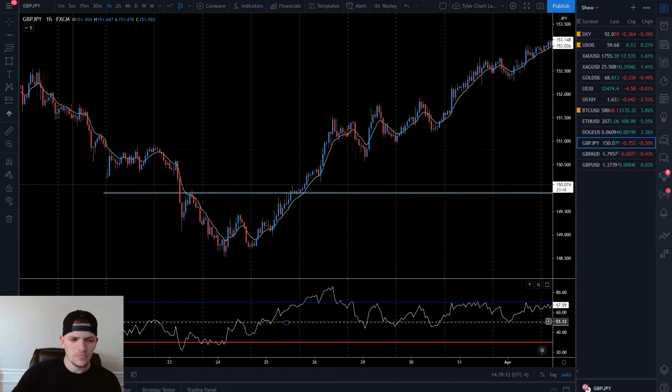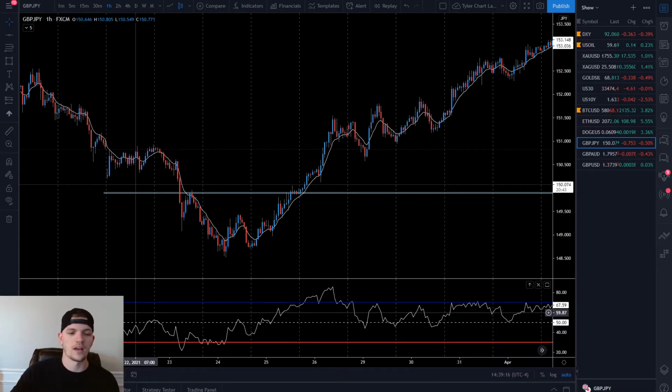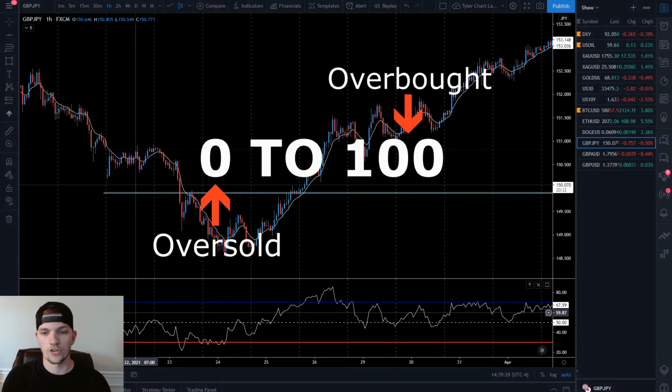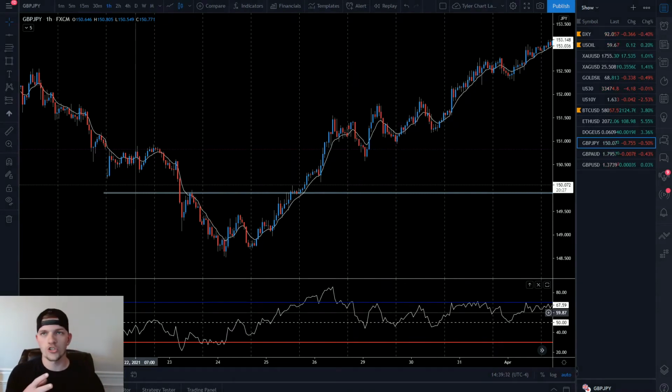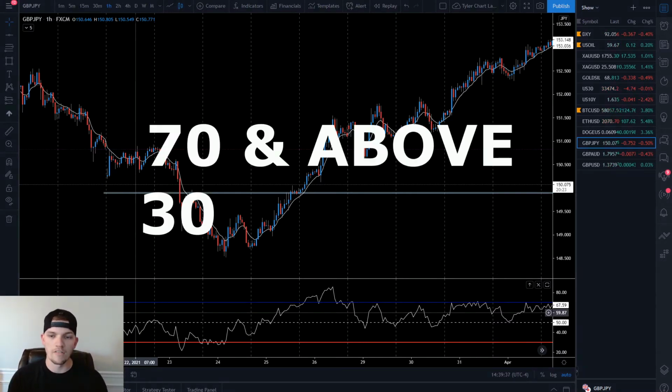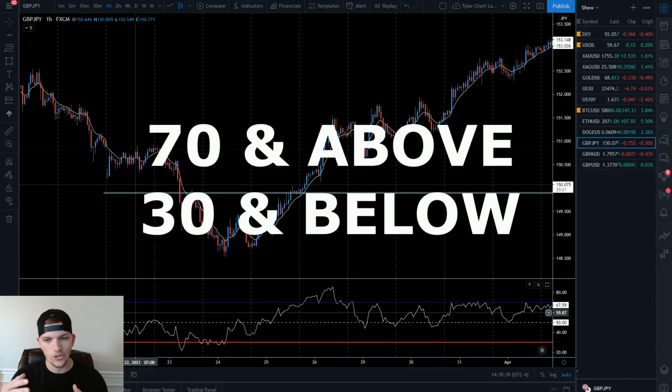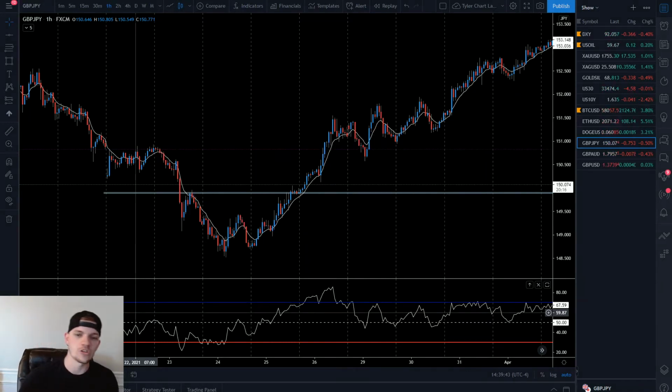What it really does is follow price action, but it measures how strong or weak the most recent move is. Typically with RSI, readings go from 0 to 100, 0 being oversold and 100 being overbought. However, most traders will use 70 and above as overbought, and 30 and below as oversold. That's how it's typically read and used.